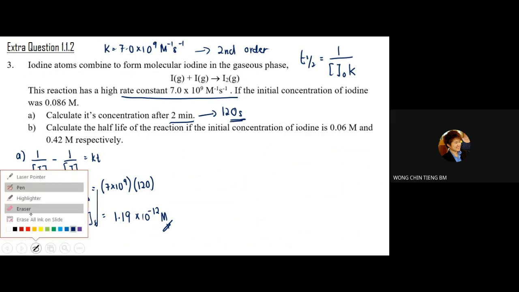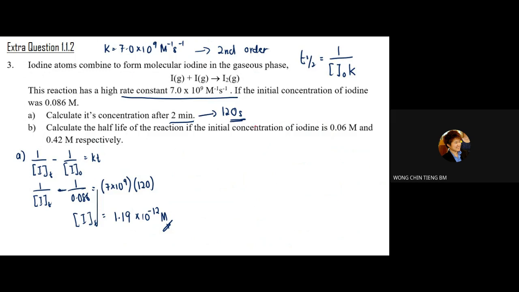In other words, when the concentration increases, what happens to the half-life? Decrease. Check the answer that you already have. Does it fulfil the condition? Whose half-life should be higher? Half-life of 0.06 or half-life of 0.42? The half-life of 0.06 will be higher, the half-life of 0.42 will be lower. See that? Agree? Alright?